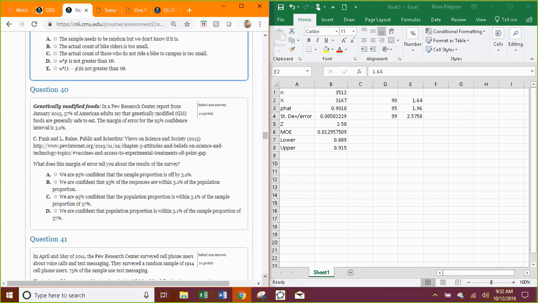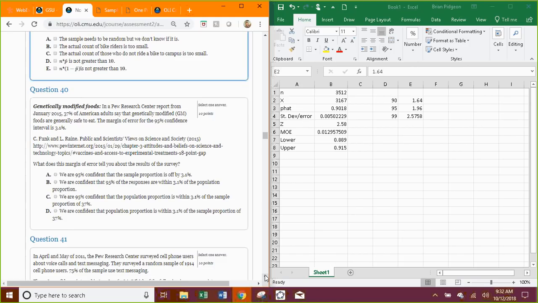Okay, question 40. In a Pew Research Center report from January 2015, 30% of American adults say that genetically modified foods are generally safe to eat. The margin of error for the 95% confidence interval is 3.1. What does the margin of error tell you about the results of the survey? We are 95% confident that the sample proportion is off by 3.1%.